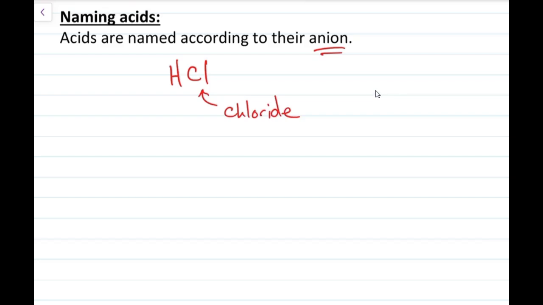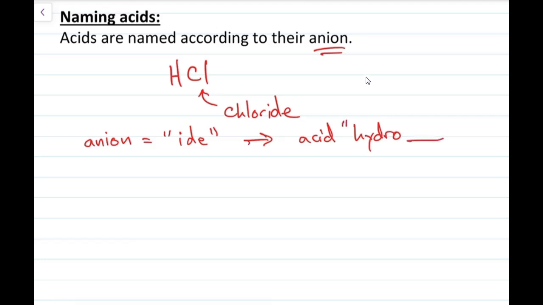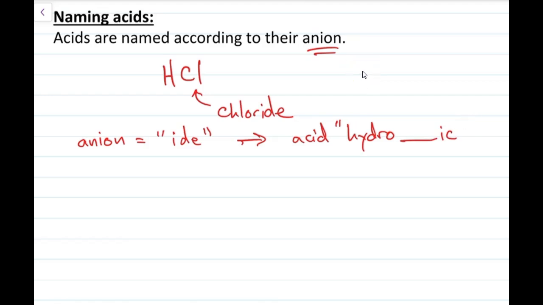All right. So the rule is if the anion has an ending of IDE in its name, the acid is going to be hydro, put that in quotes, and then the base, and then ic, and then the word acid. Always ends in acid.